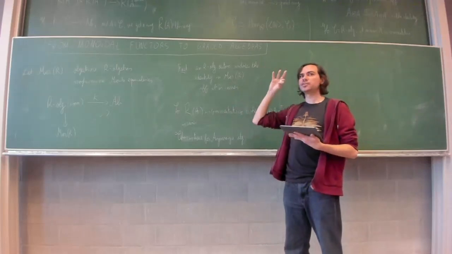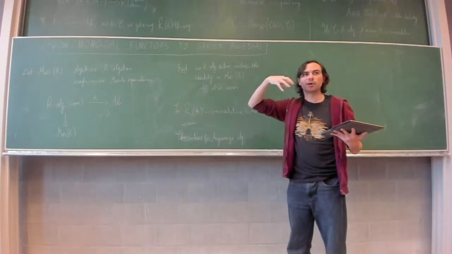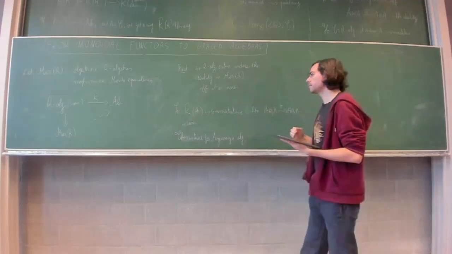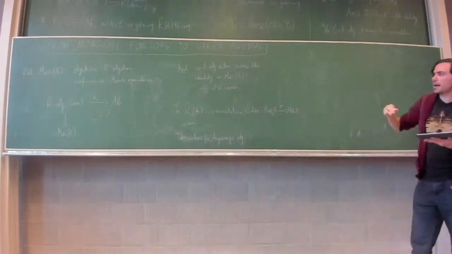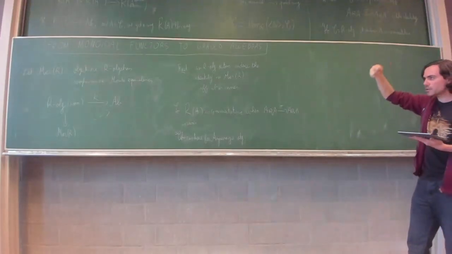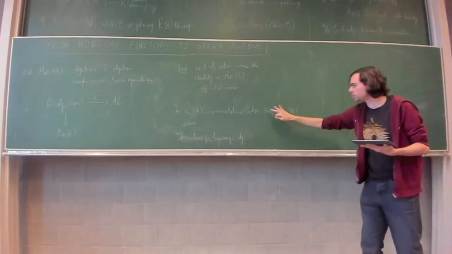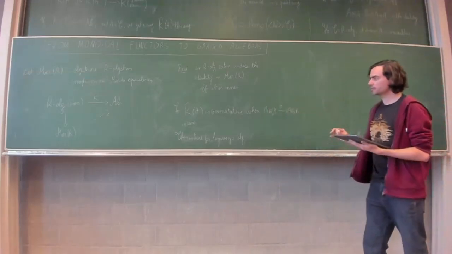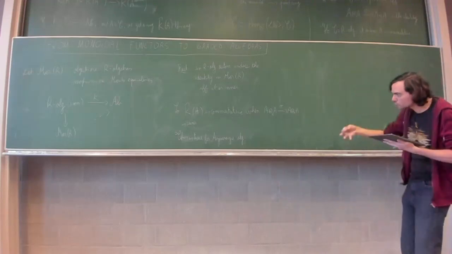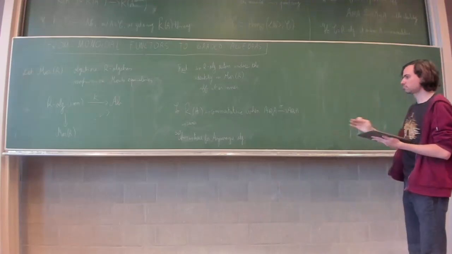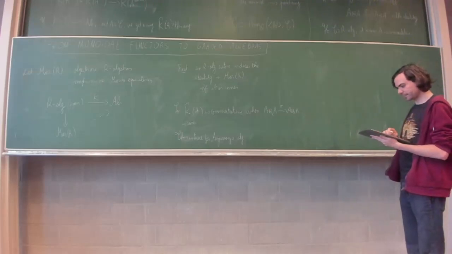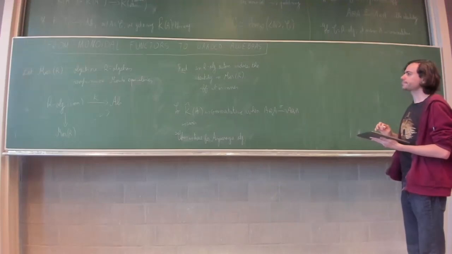So Azumaya should be seen as a weakening of being commutative. Anything commutative is Azumaya over itself. Azumaya keeps a strong symmetry encoded by this property, but it has in some sense close properties to being commutative. It's reflected in this way.